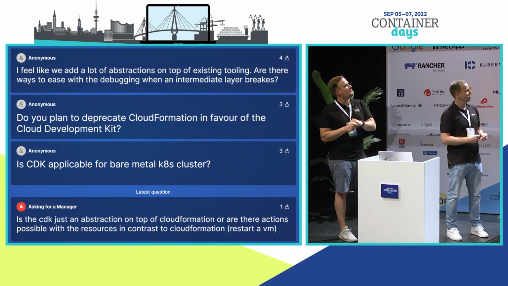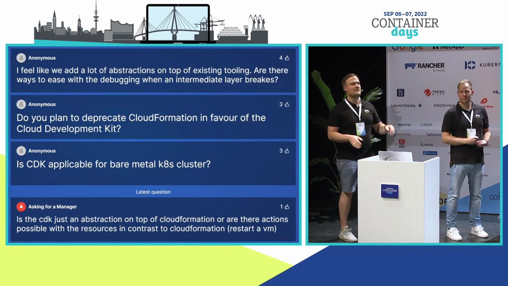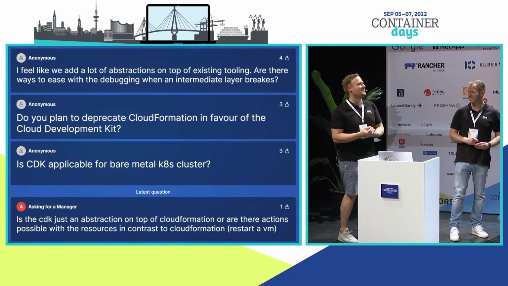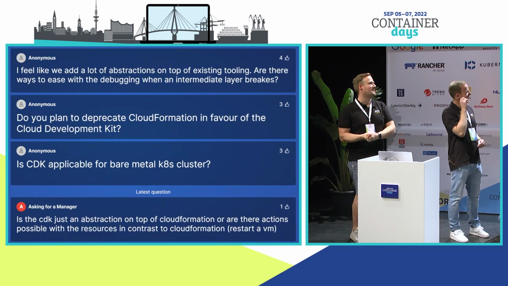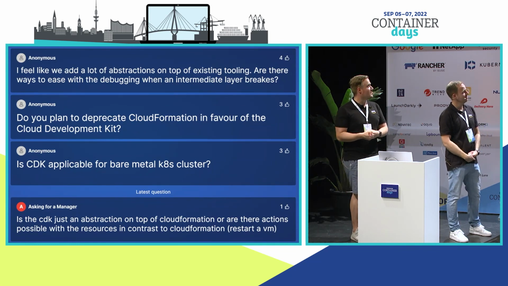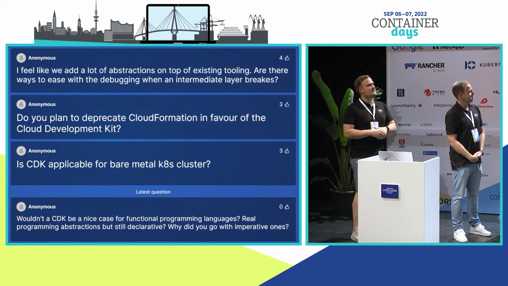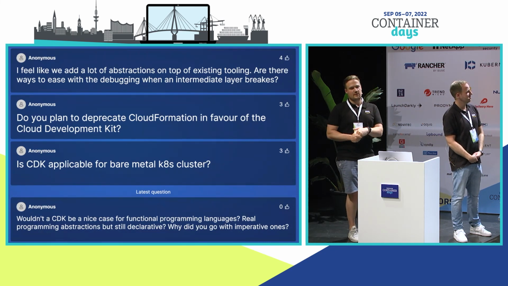I feel like we add a lot of abstractions. Yes, we're adding a lot of abstractions for everything. That's how our world works. True. On top of existing tooling, are there other ways to ease debugging when an intermediate layer breaks? It's a good question. I think that's where CDK took the right approach.